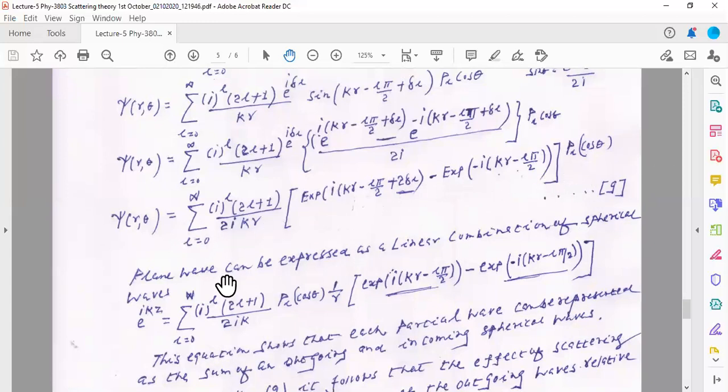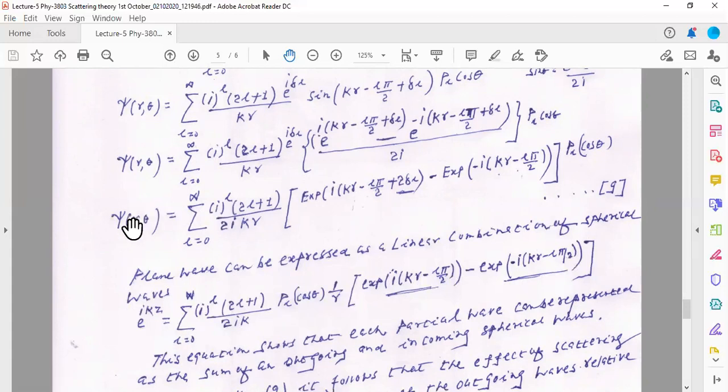And now we have the expression of the Bauer expansion, e to the power of ikz, which we have already derived.